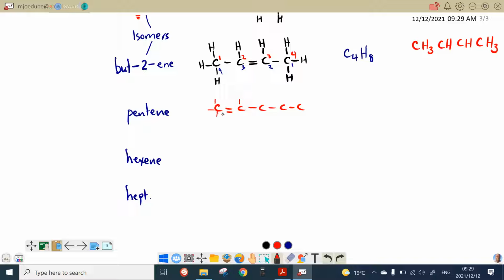Count 1, 2, 3, 4 for each carbon, and this becomes an H.